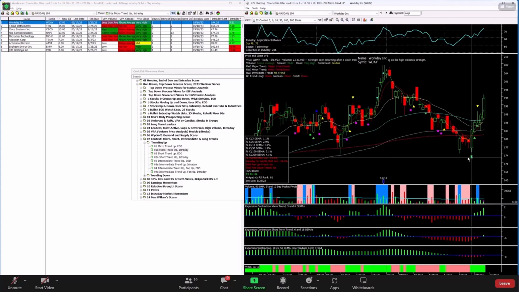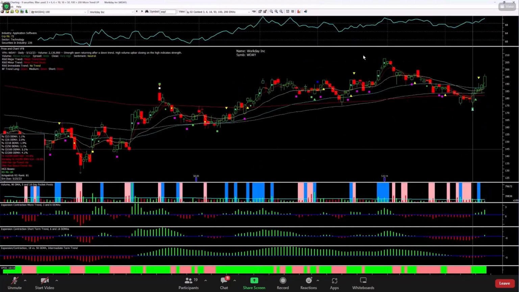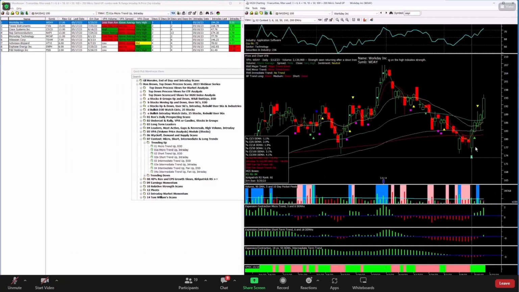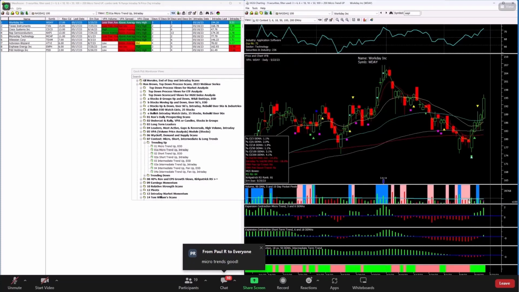First of all, there were a couple of good VPA signals here. Strength seen returning after a downtrend. High volume up bar closing on the high indicates strength. And we had a large or long white candle on that. And then, let's see here.